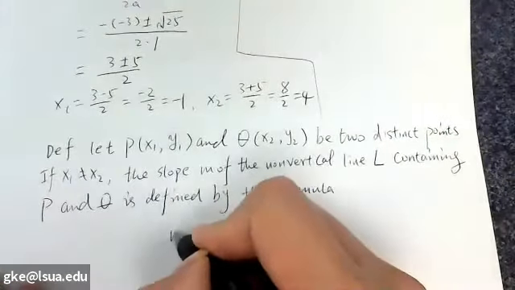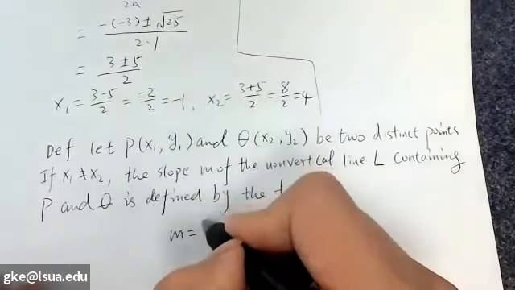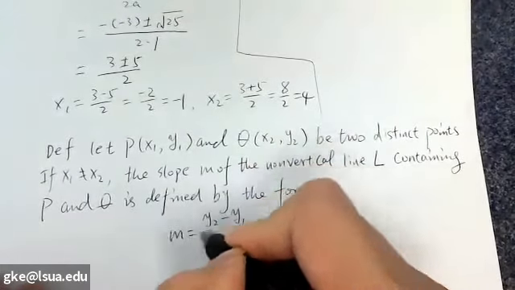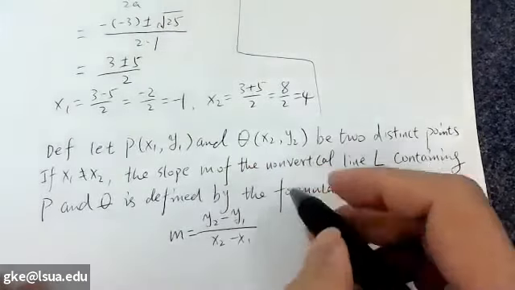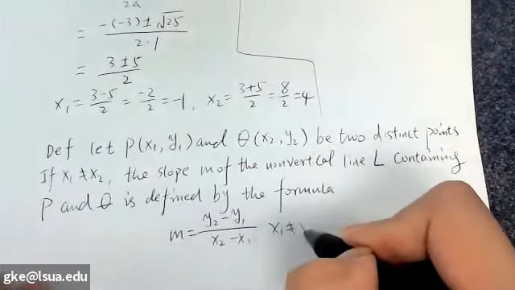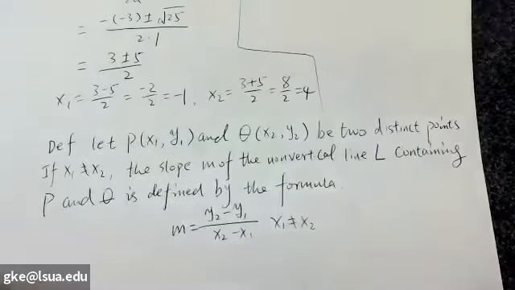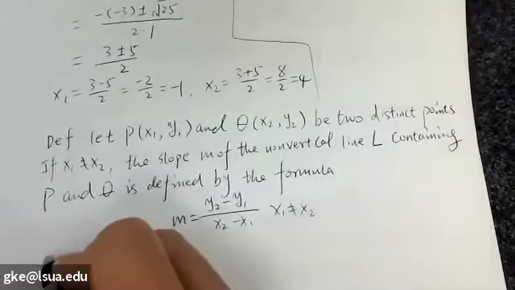m equals y2 minus y1 over x2 minus x1, where x1 doesn't equal x2.